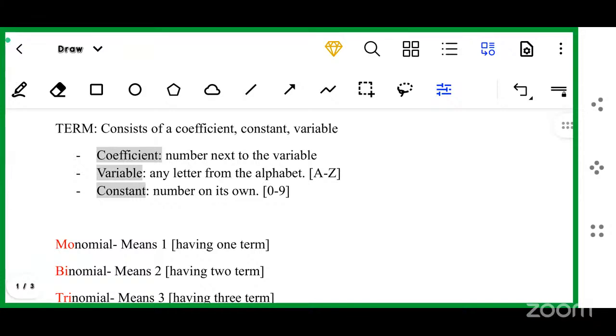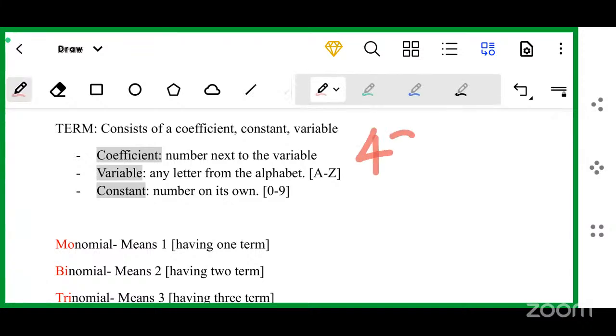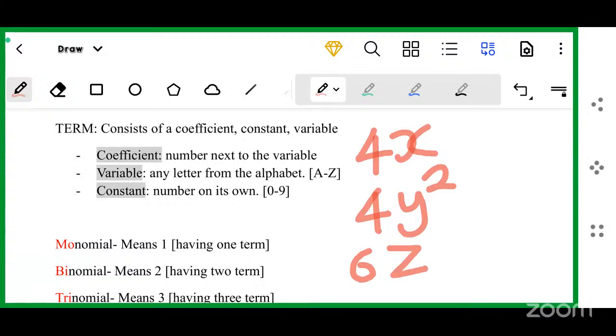variable, and a constant. A term is something that is made up of a coefficient, constant, and a variable. A coefficient is a number that is next to a variable. For example, let's say 4x, 4y squared, and the last one, 6z.